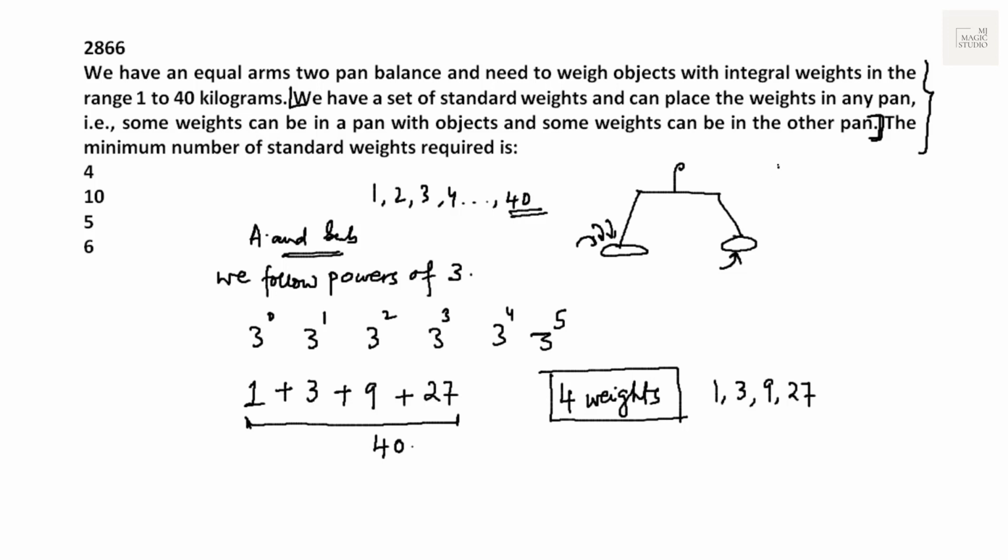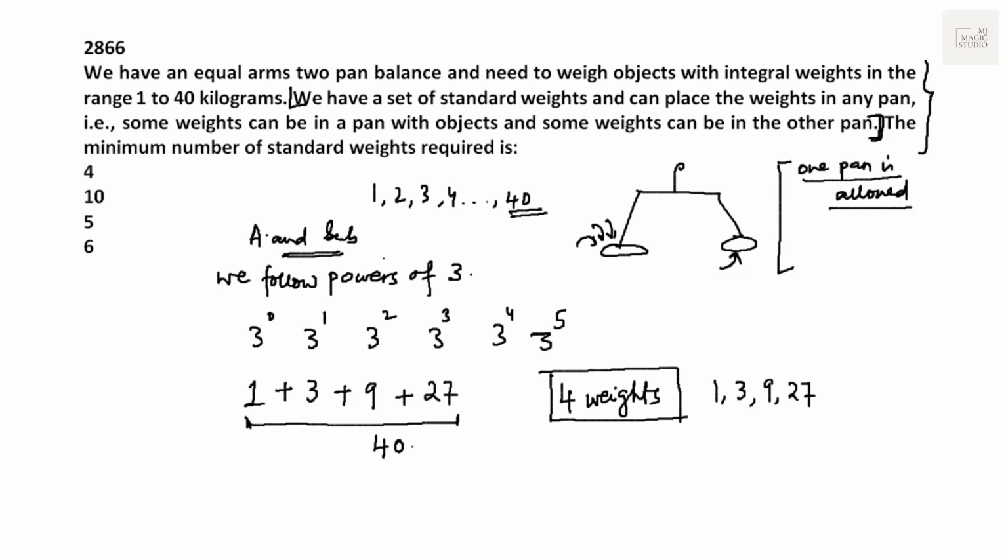Now if in this question it is given that only one pan is allowed to keep the weights, you can check out the video; I'll give the link in the description. It is in Best of TCS, where these kinds of surface based mathematical reasoning questions are there. 10 such questions are there.